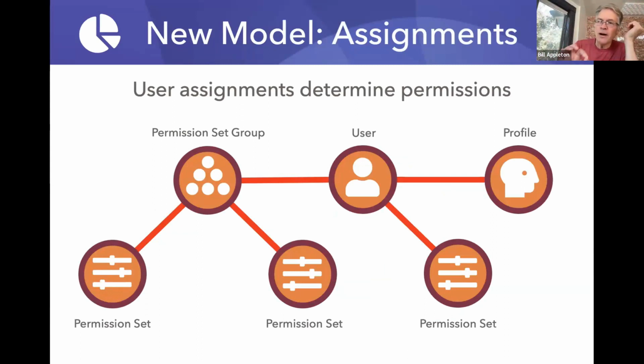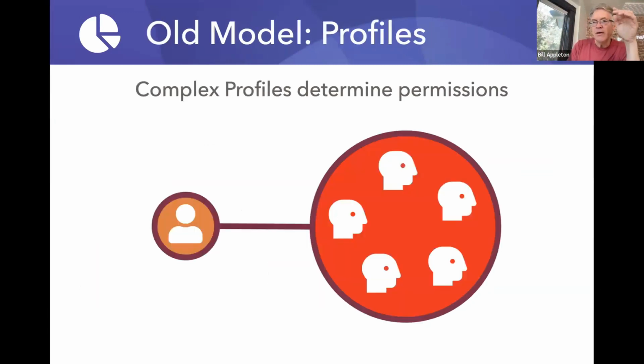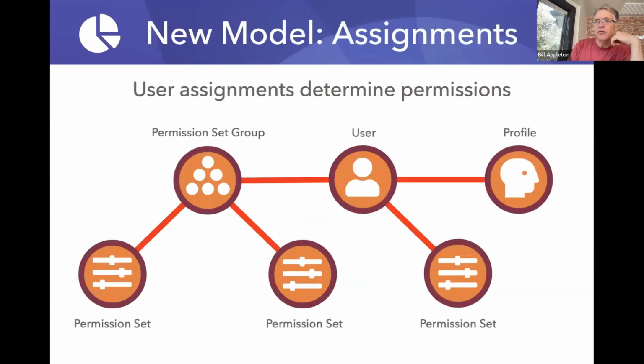But there's actually a problem with the new world, and I want to bring it up. And that is that to some extent, you've traded all of this hidden complexity inside the profile for boatloads of assignment junction objects in this new world. And so what you've got is this user has a permission set. Well, there's a junction object that connects them.